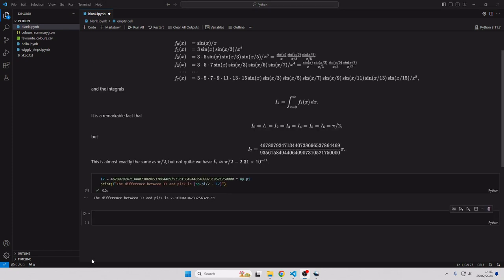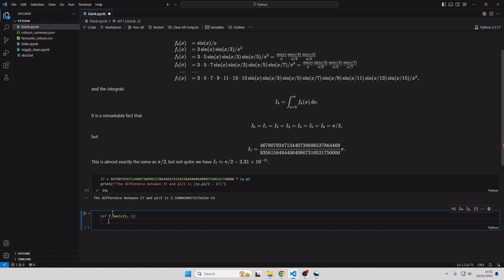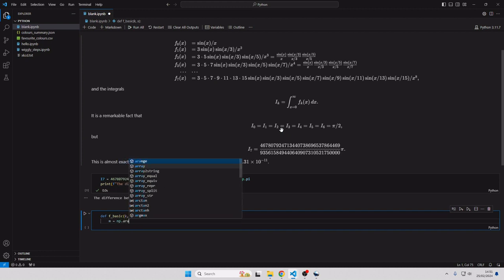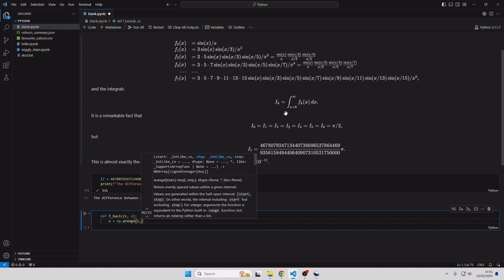So the next thing we need to do is to make a Python version of the definition of these functions fk. So we're going to do a basic version first and then do a fancier version. The first thing, we're going to generate this list of odd numbers. Might as well do it in the numpy form, so it's going to be an np.arange, and we're going to do 1, and then where do we stop?